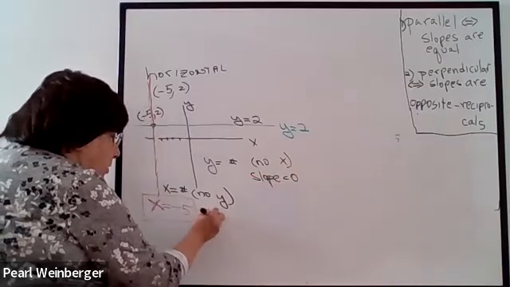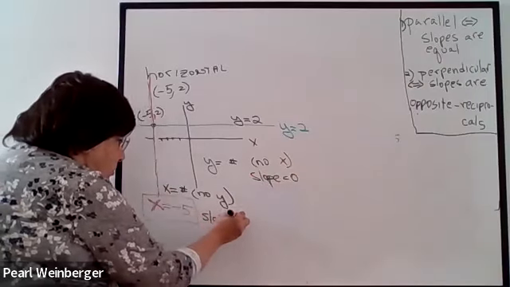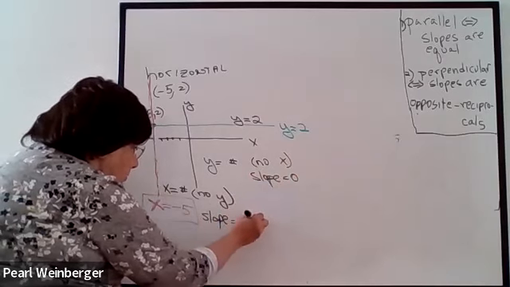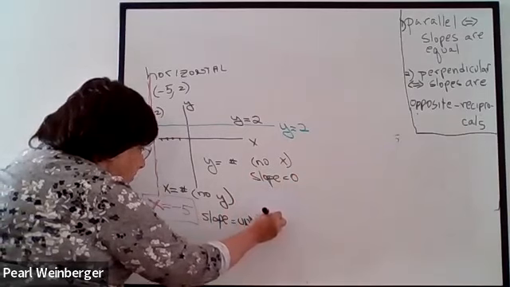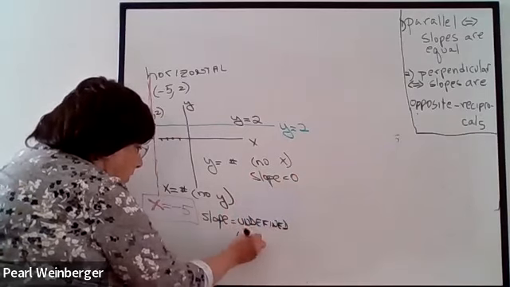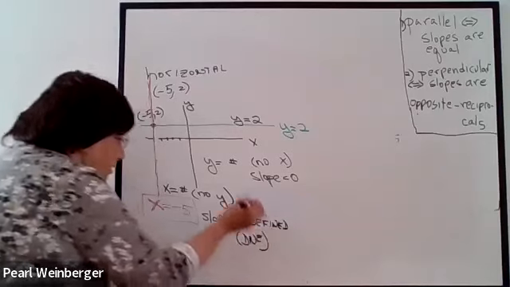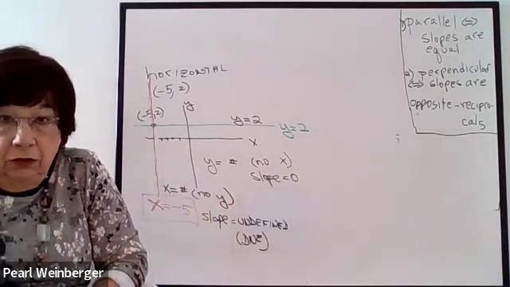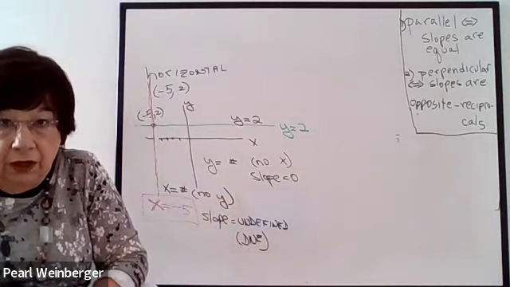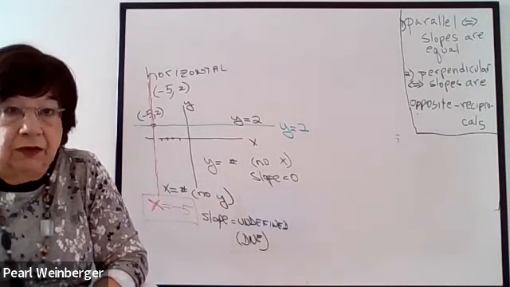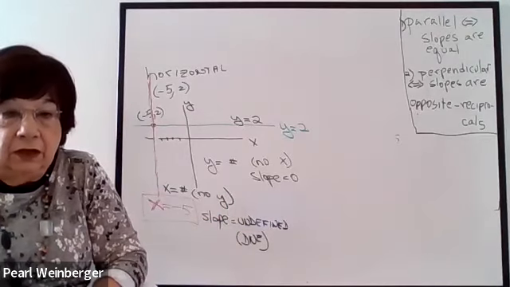Vertical, slope undefined, or does not exist. You want to write it that way. The only kind of lines that don't have any slopes are vertical lines, because when you try to figure out the slope, you get a 0 in the denominator.